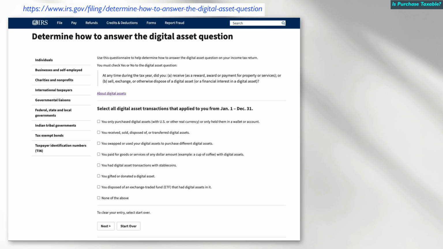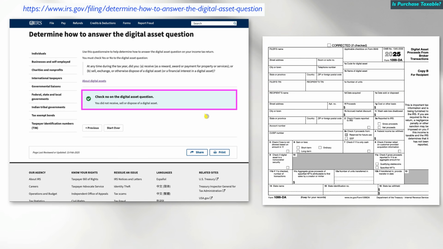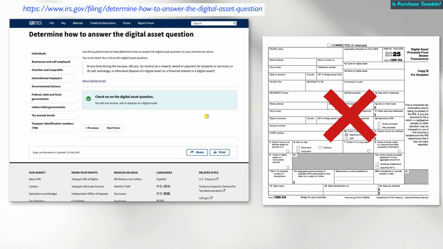You can confirm this by using the IRS Interactive Tax Assistant and checking the appropriate checkbox. A purchase of digital asset or holding one in a wallet or your account is not a taxable event. That means that for a purely buy transaction, we won't receive a new 1099-DA tax form for digital assets.